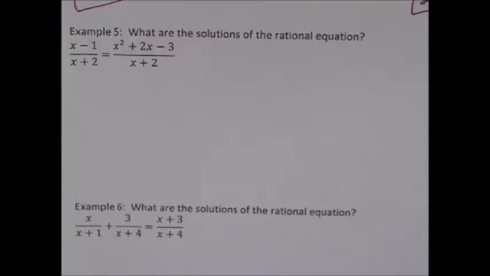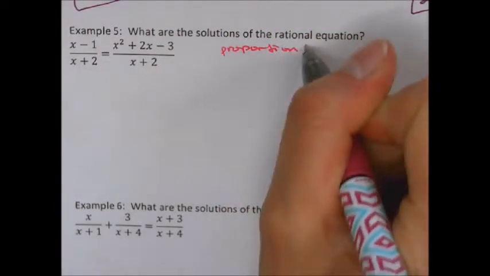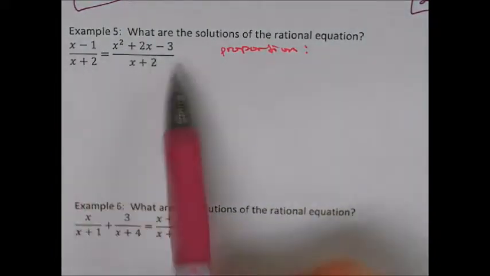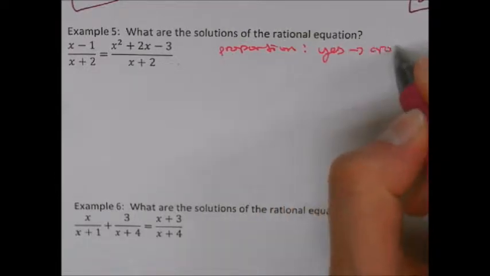For example 5, we're going to start by asking ourselves our first question. Is it a proportion? Now remember, a proportion is if it's like a over b equals c over d. So one fraction on both sides. Yes, it is. So then we can cross multiply.